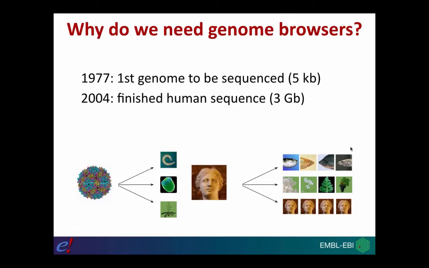So some of these projects, for example, the 1000 Genomes project, that was a project that aimed to sequence lots of different individuals from different human populations, again producing lots of genomic data, identifying genomic variants across different populations around the world and their allele frequencies. But also the Vertebrate Genomes project is a good example of a worldwide collaborative initiative to sequence all of the genomes of vertebrate species that are currently existing on Earth.